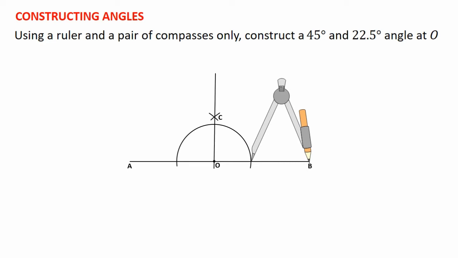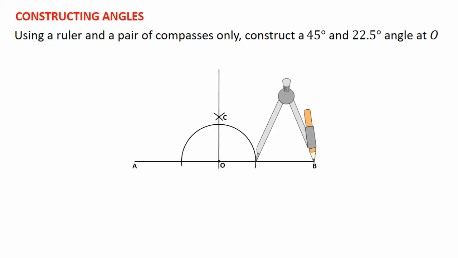That will give us our 90 degrees angle. So from here, we can say that the angle COB will give us our 90 degrees angle.